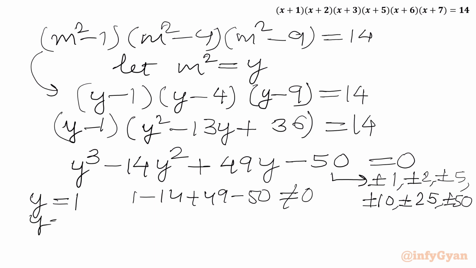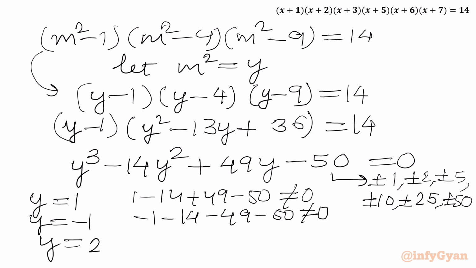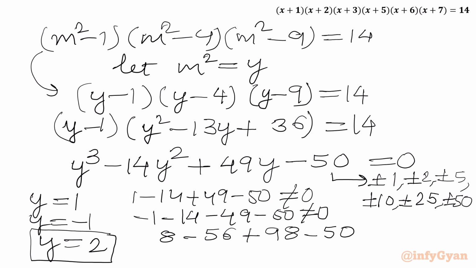If I plug in y = -1, so -1 - 14 - 49 - 50, again it won't. Now if I plug y = 2, we will get 8 - 14 times 4 plus 49 times 2 minus 50. So yes, this time it is correct. 106 minus 106 equals 0. So I can say y = 2 is our base solution.